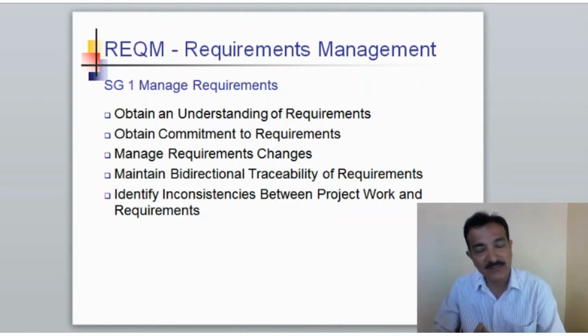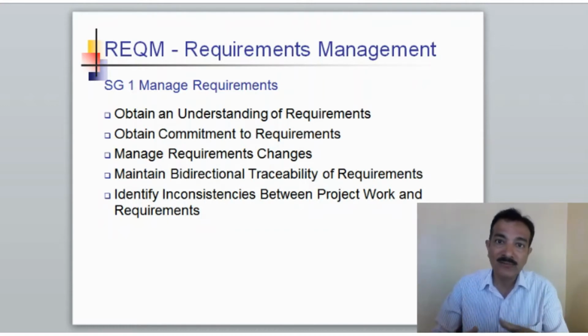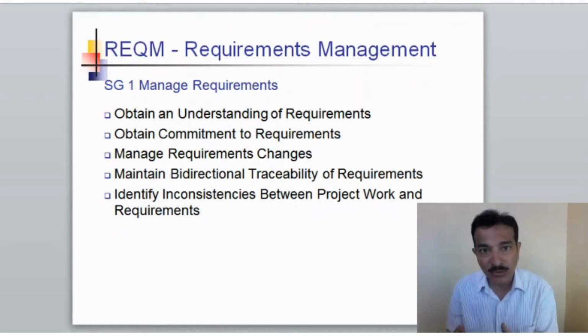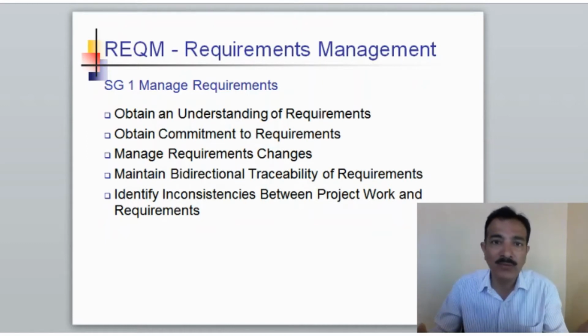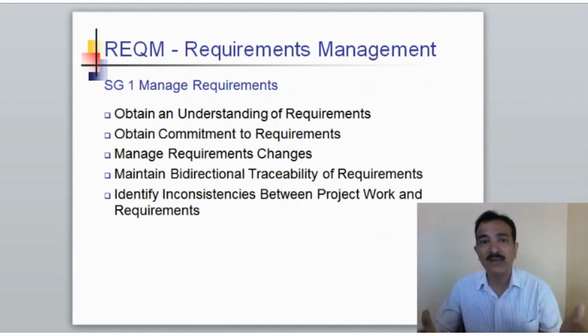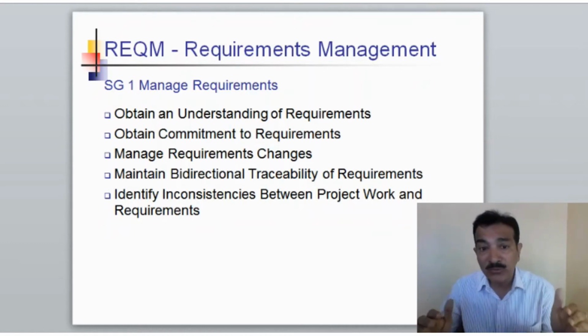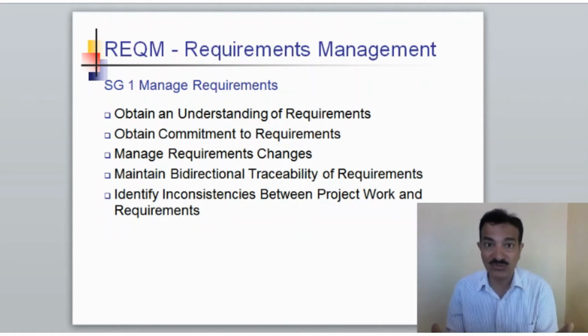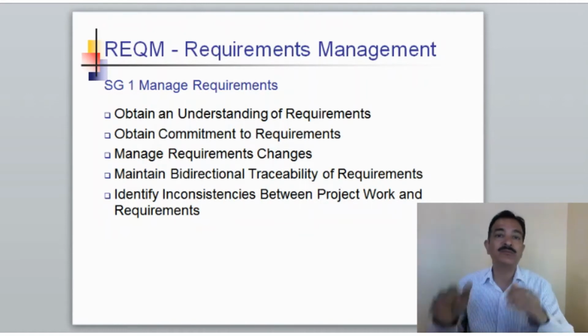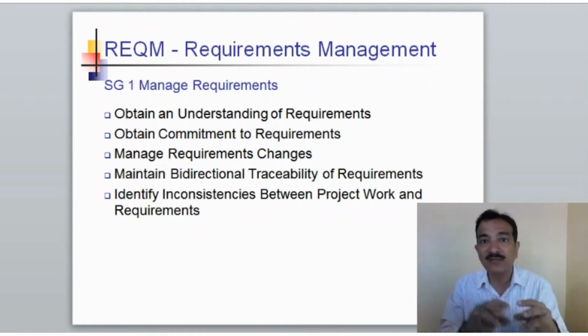So how are you going to do that? You may have a change control board, formulated as part of the configuration management plan, and you would manage this change. If this particular requirement has changed, it will go through the change management process, and then you will ensure that all the work products relating to that requirement have been changed.